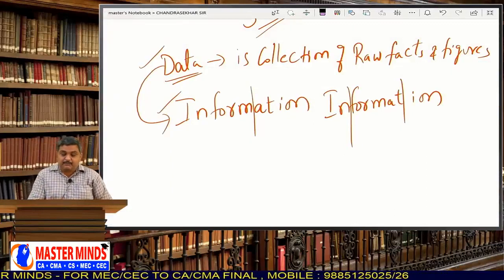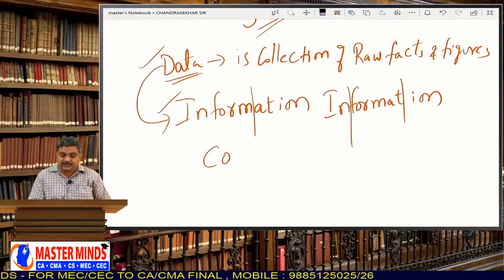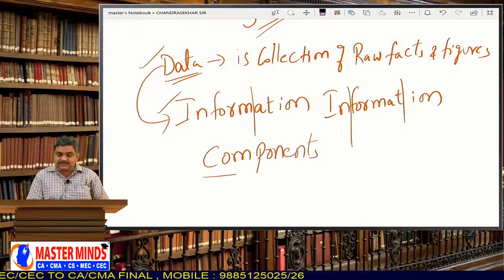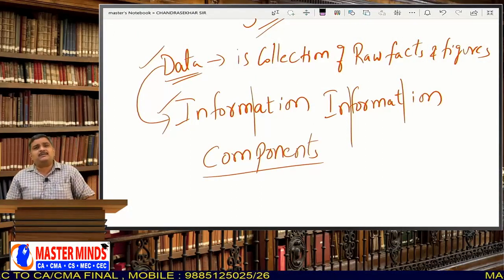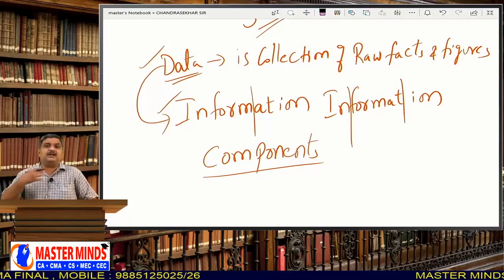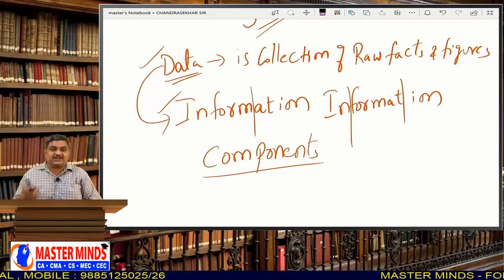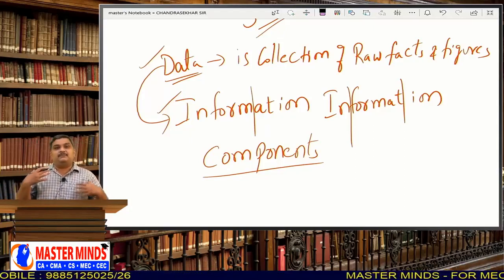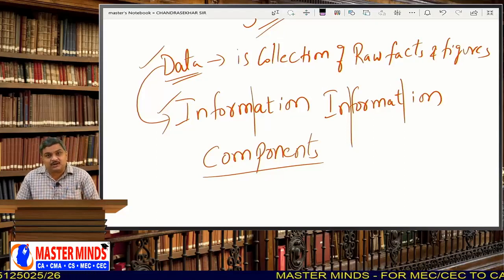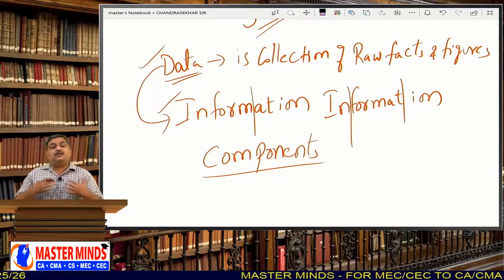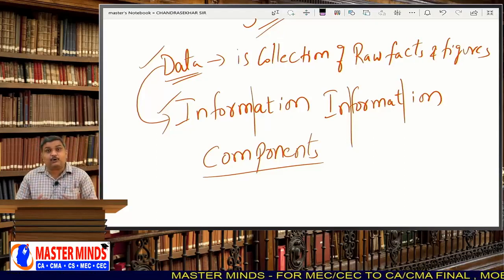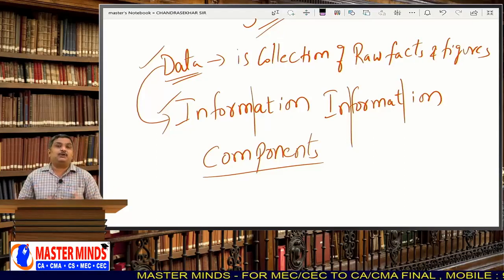We have different organs and organ systems: respiratory organs, excretory organs, circulatory organs, digestive organs. We have a lot of things in our human body. These are all components which make up our human body.